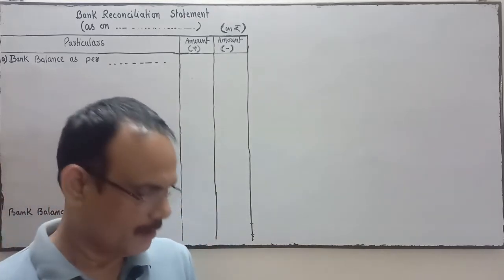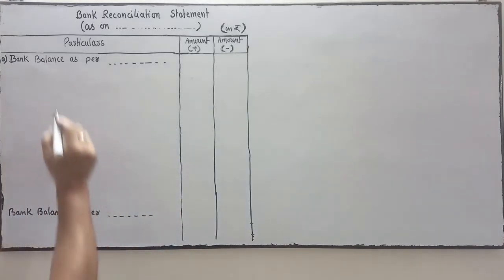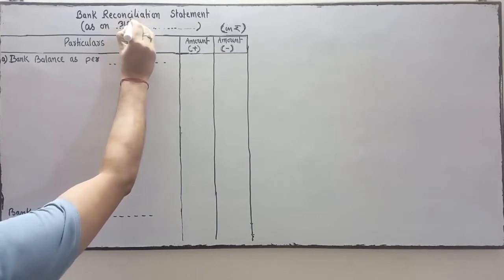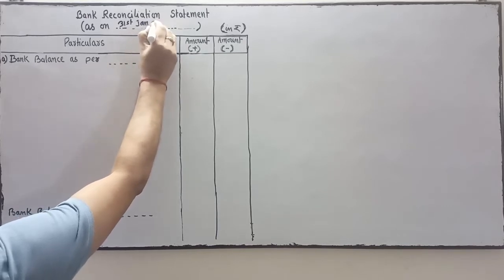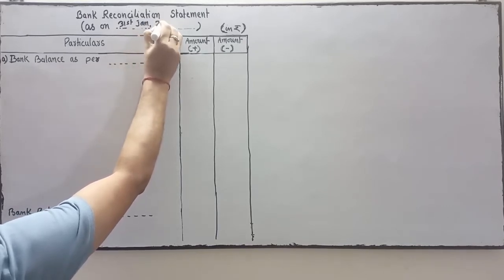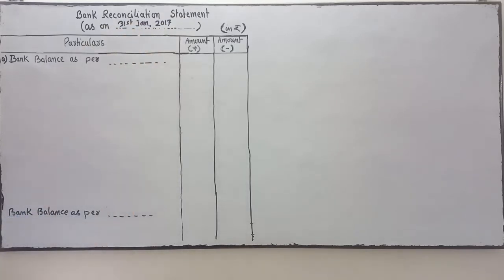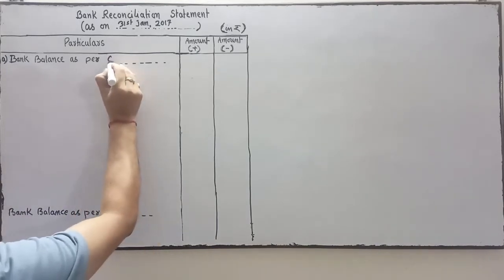First of all, we see the date of reconciliation given over here is 31st January. Bank reconciliation statement as on 31st January. You must write the date first, 2017. This date is very important. On this date we have to see whether the entry is done or not. And the bank balance as per cash book is given.